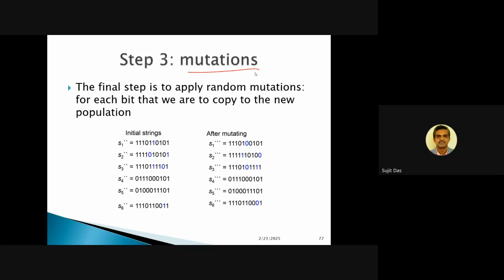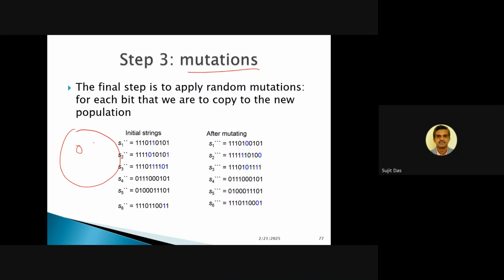Because once you do mutation, it makes a huge shift from one solution to another solution. If you do mutation more, you will lose your solution quality. Let me show you an important idea behind that.